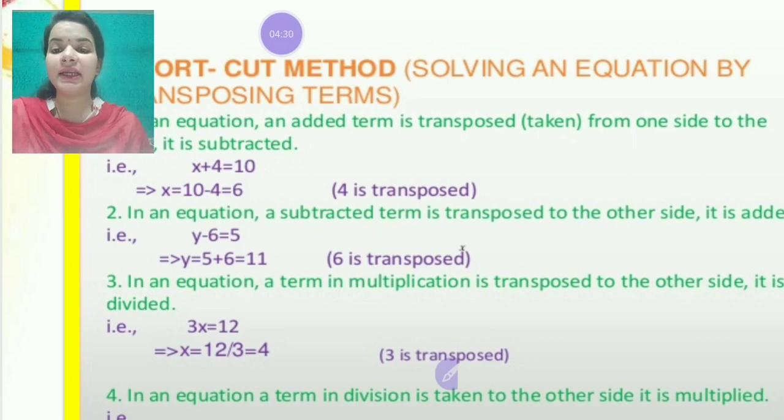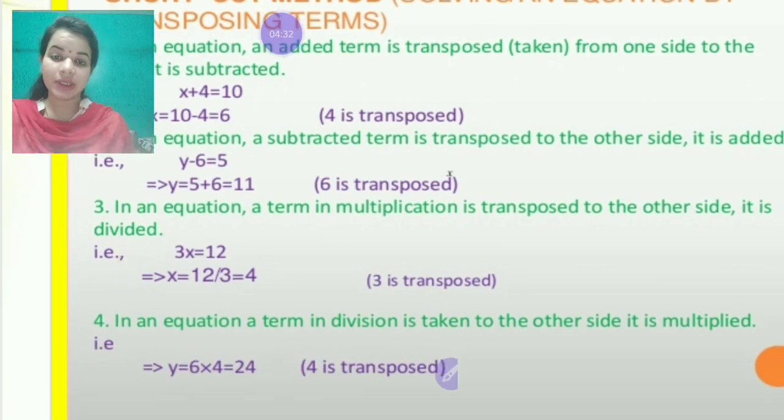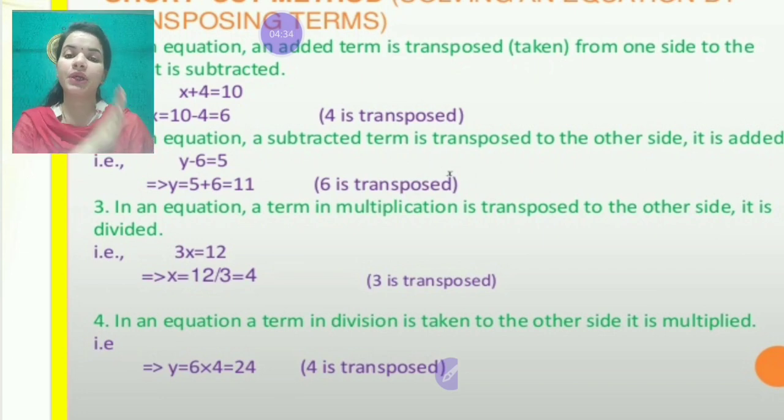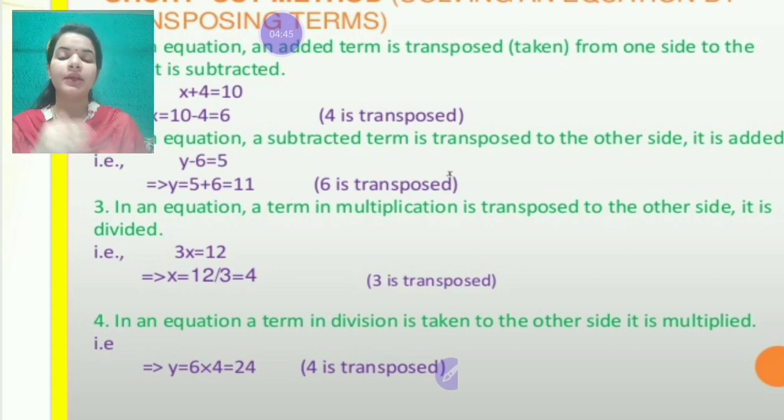Similarly, if any term is in multiplication and you are transposing it to the other side, it will come in division and vice versa. Means if any term is in division on the left hand side, and you are taking it to the right hand side, it will come in multiplication.